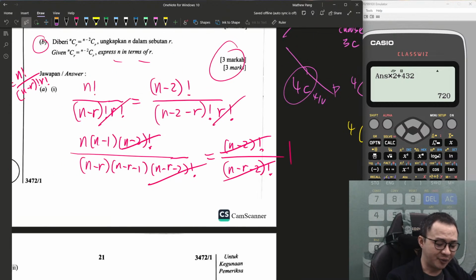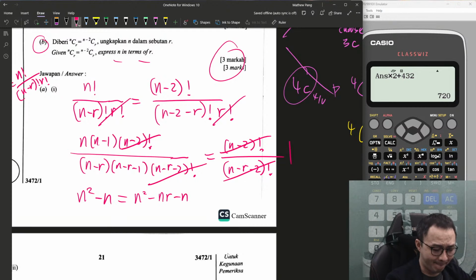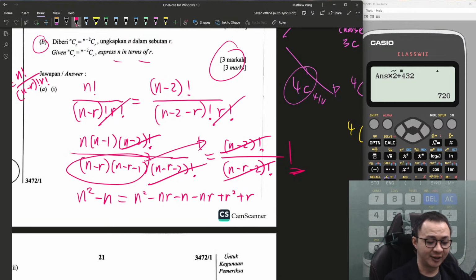Okay, so I will cross multiply and try to solve it. This is n squared minus n. So this one I'm going to multiply on the other side, okay? I don't want so many denominators. Then I will get n squared minus nr minus n minus nr plus r squared plus r. Okay, so I just multiply the bottom, throw to the other side, multiply with 1.